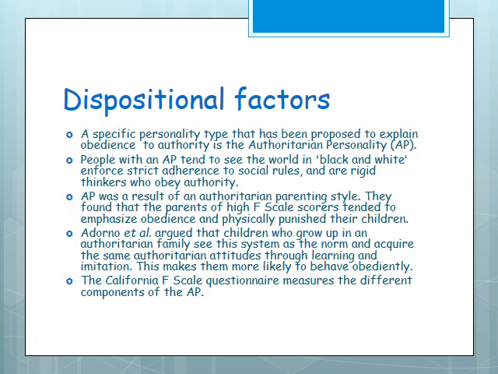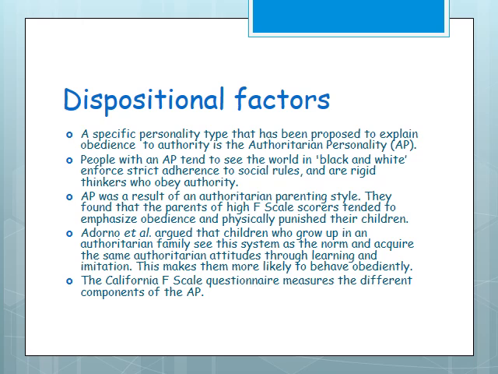Dispositional factors. This refers to the authoritarian personality. People with an authoritarian personality see the world as black and white. They adhere to the strict social rules, and they are rigid thinkers in their obedience to authority.